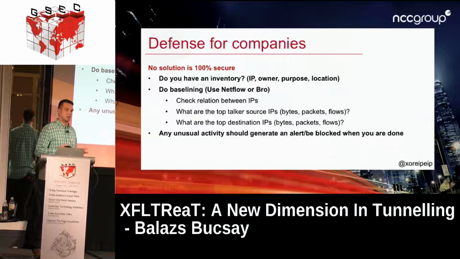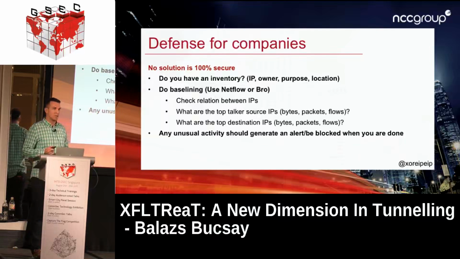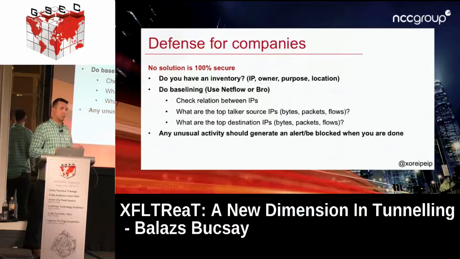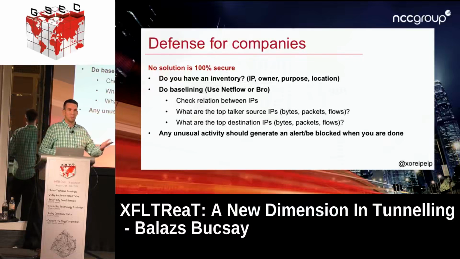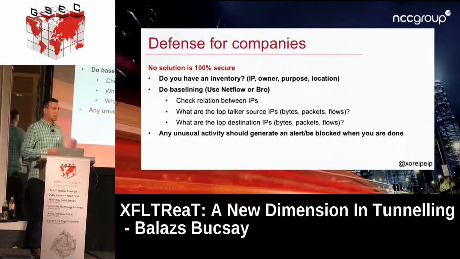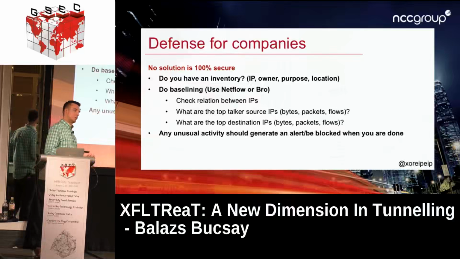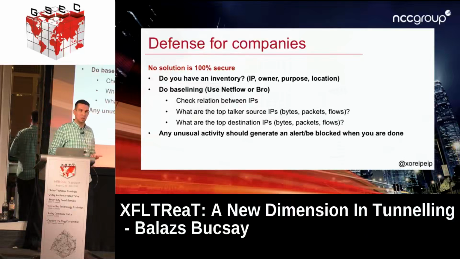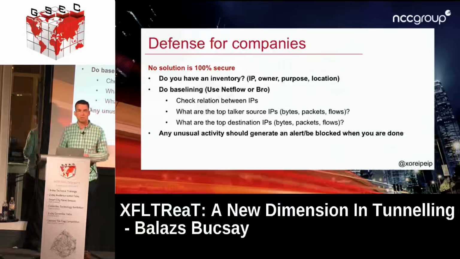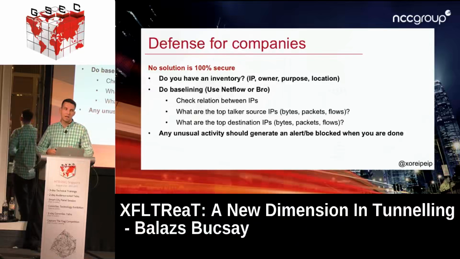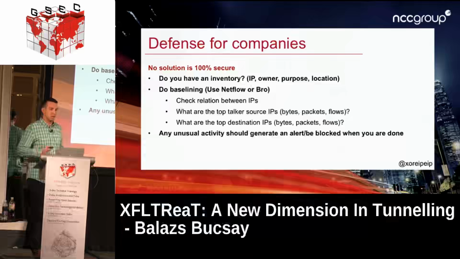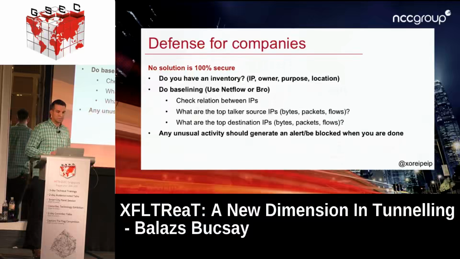So you create this statistical map, and if you are confident about it, you can put it in alert mode. And if there is an alert, it may be a false positive, and you just add it to the statistical map, and that's fine. But if it's not a false positive, then you have a breach, you have an accident or something on your network that you should investigate. And that way you can know about this in minutes or hours.